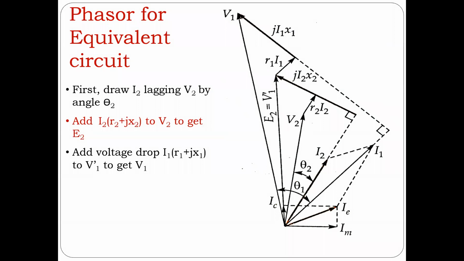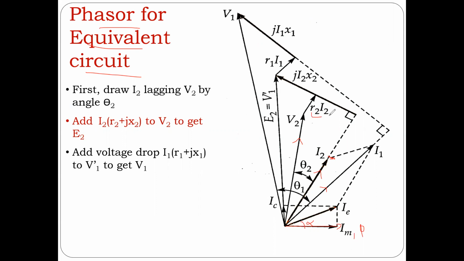You can also draw a phasor for the equivalent circuit. If you have transferred all the secondary quantities to the primary side, starting from this Im and phi, and then this is IE, and then you've got I1, I2, that's fine. And then you've got V2, which is this, and V2 would be the voltage appearing on the load side.